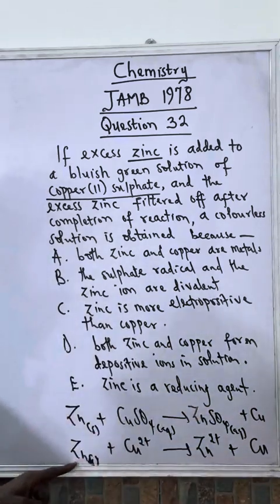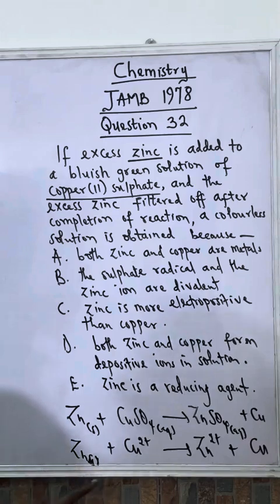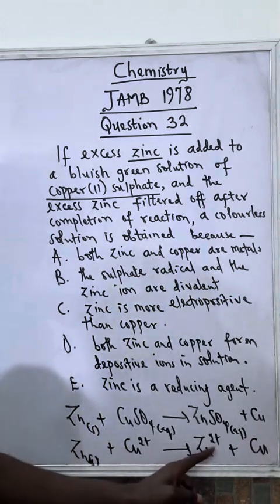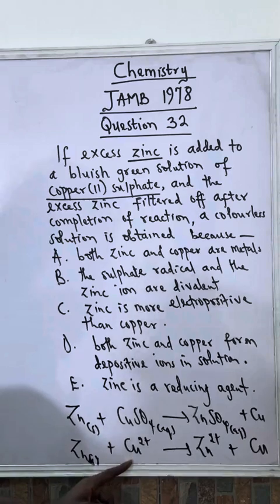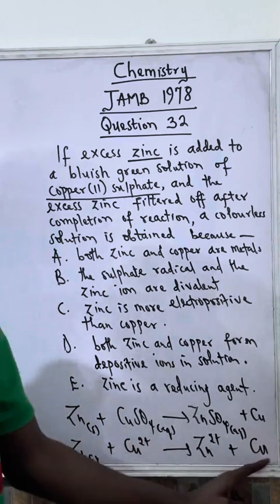In this reaction, we will observe that zinc is undergoing oxidation because its oxidation number increases from 0 to +2, while copper undergoes reduction because its oxidation number reduces from +2 to 0.